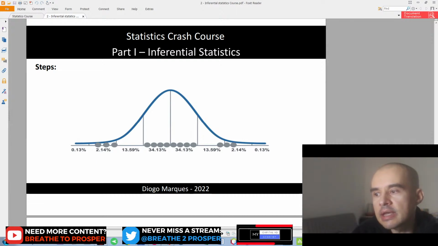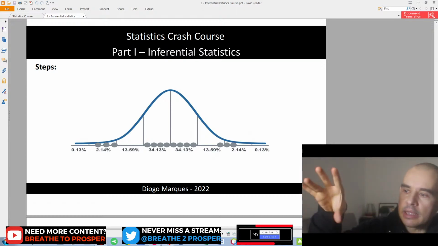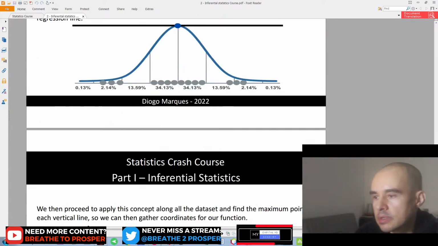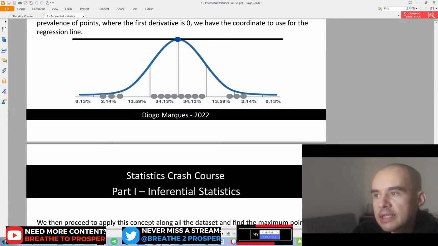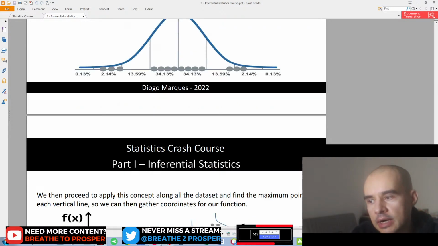So if the bulk of the information lies within this bound, we calculate the maximum and we get an asymptote. Think about it like rotating this. I'll show you how this works. The maximum is here, where its derivative is 0, and the bulk of the points are here.